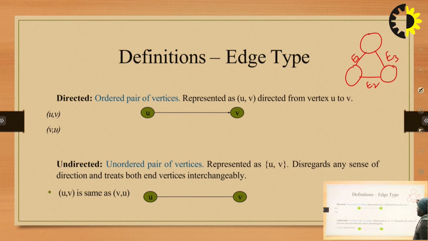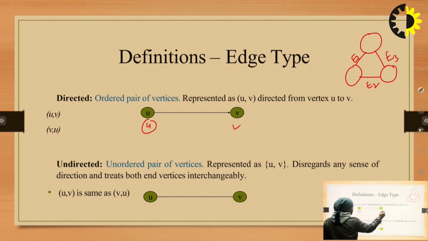Right now, to understand these two topics: directed and undirected. A directed edge is an ordered pair of vertices represented as (u, v), directed from vertex u to v. It means u to v. This is a directed graph. This is u, this is v, and this is the direction, meaning you are going from u to v. This is a directed graph.